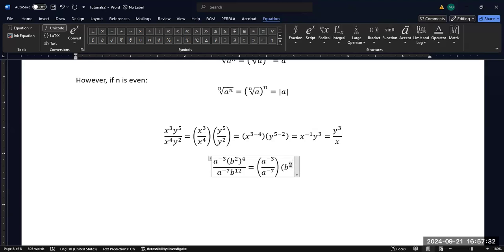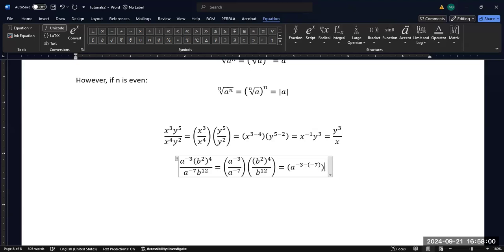Oops. That didn't quite work the way I had intended it to. There we go. Now, again, our a's, we can just apply the rules. a to the -3 minus -7.